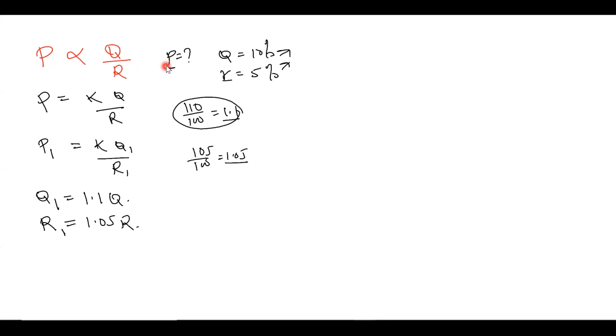Now these are percentage change questions. So it is, find the percentage change in P when Q is increased by 10% and R also increased by 5%. So I said, in variation, anytime any value in those terms changes, the others will also change.